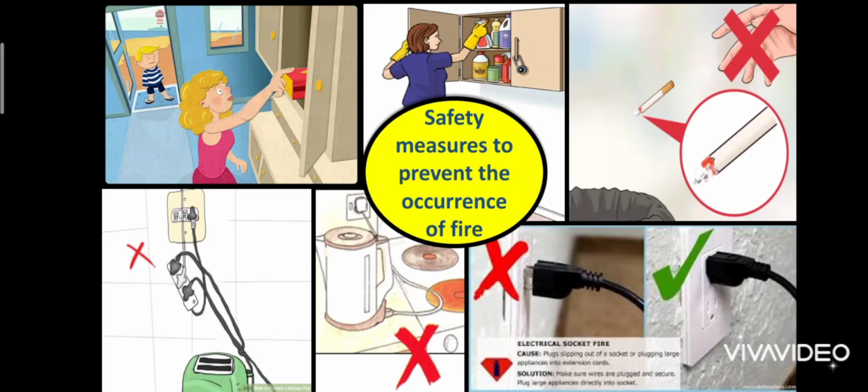For the second picture, you must also keep flammable substances away from fire. You must keep away all the chemicals that burn easily and put them in a safe place.